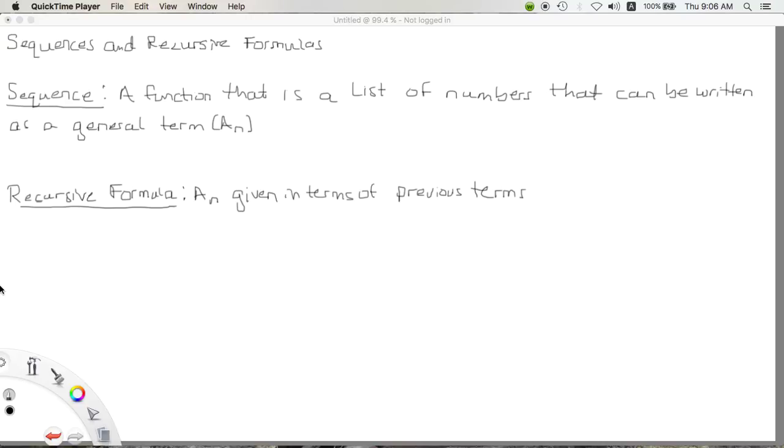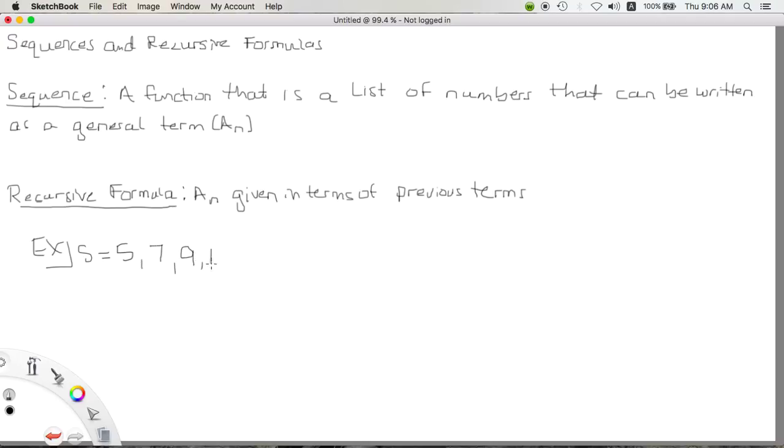One of the ways we do that is to write something called a recursive formula. A recursive formula is when a_n, the general term, is given in terms of the previous terms before that. For example, if I give you a sequence, and we'll call it S, and it's 5, 7, 9, 11, 13, and so forth, then I'm adding 2 every time, so that's my pattern.